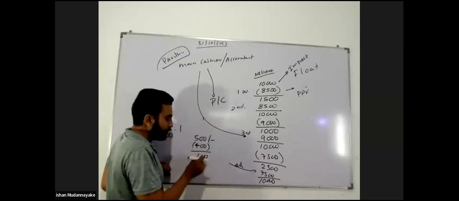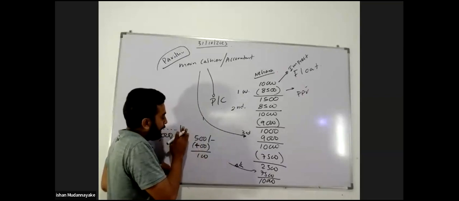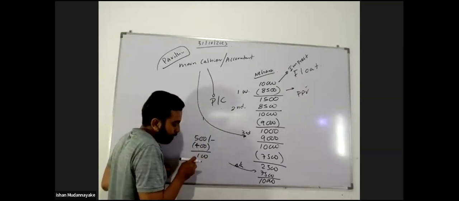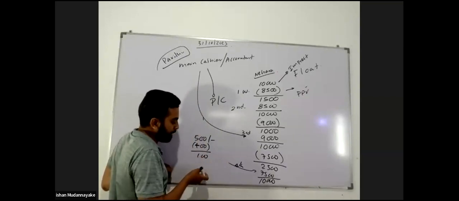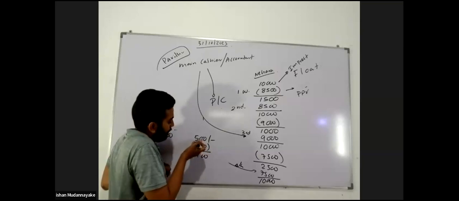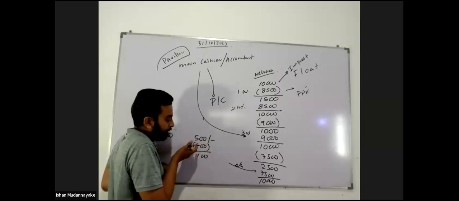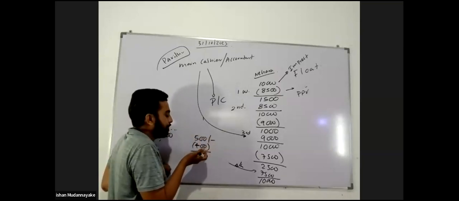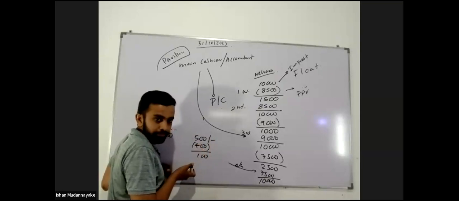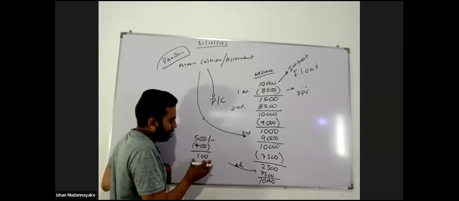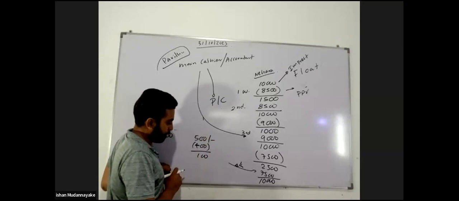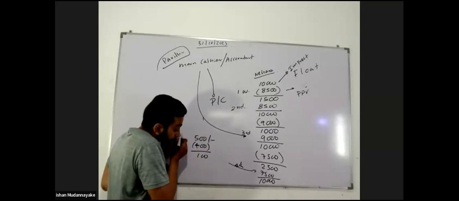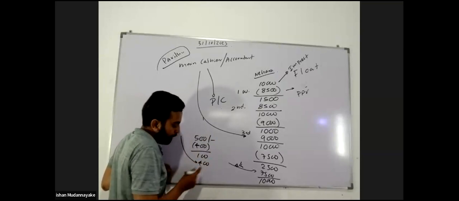The remaining balance is 100 rupees. Then again, Inuki's mother will repay another 400 to Inuki.